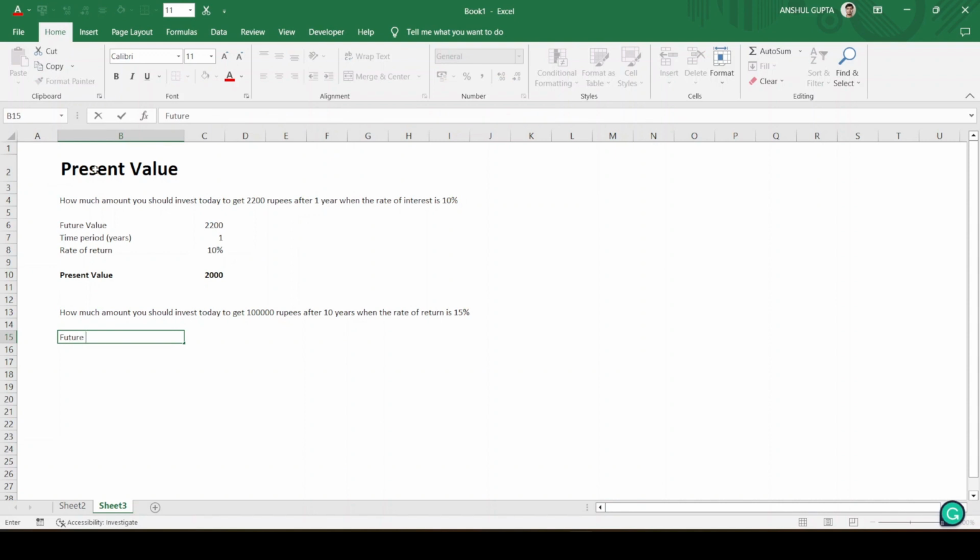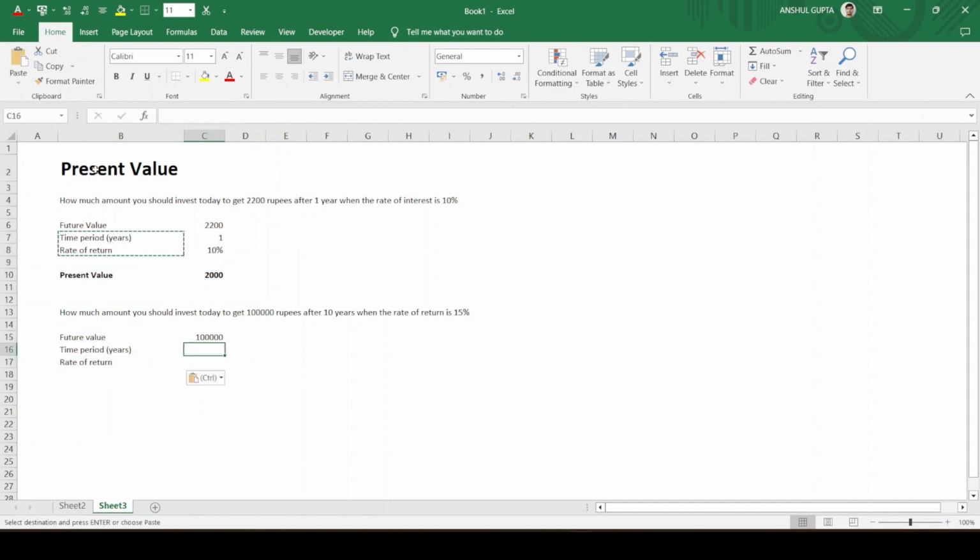So our future value is after 10 years, that is 1 lakh rupees, and what is the time period? Our time period is 10 years. And what is the rate of return? Our rate of return is 15%.